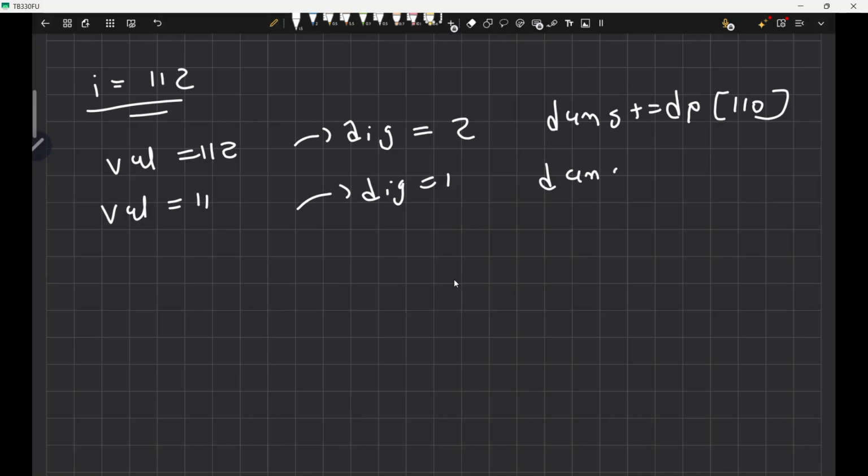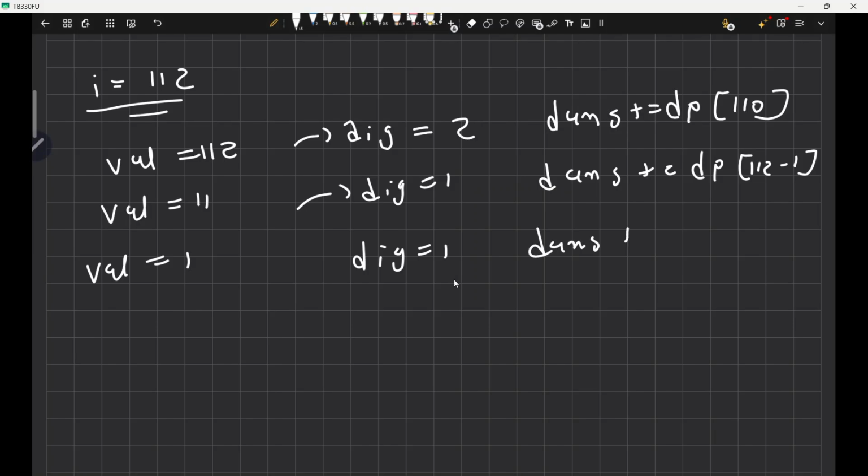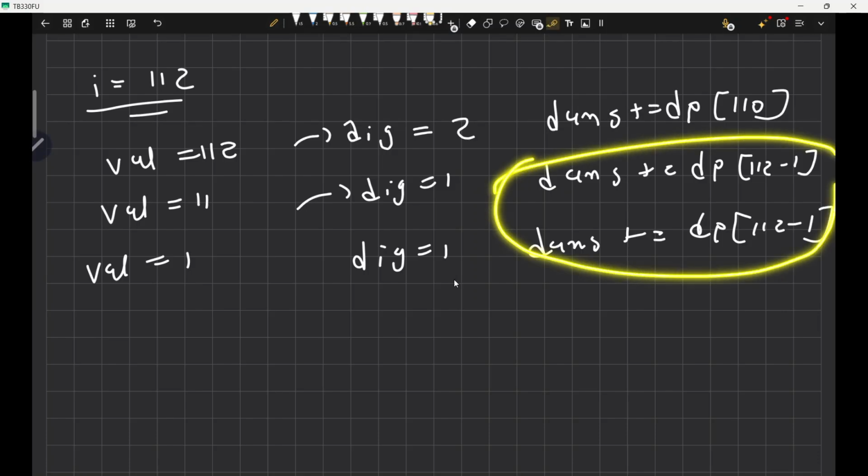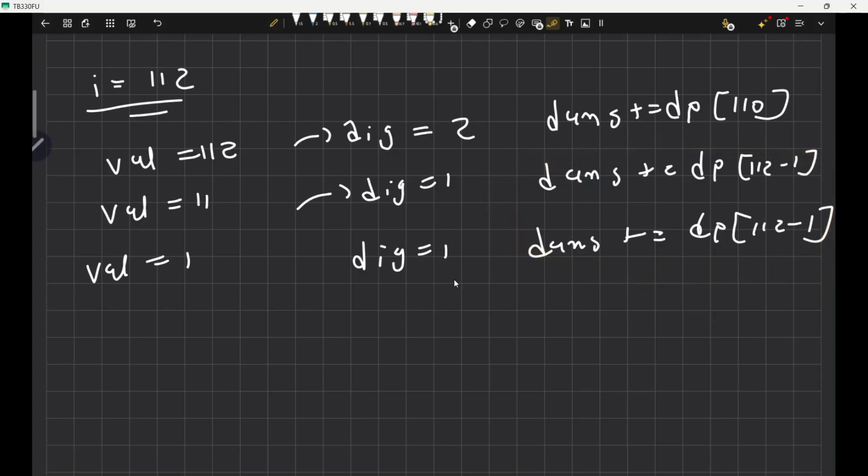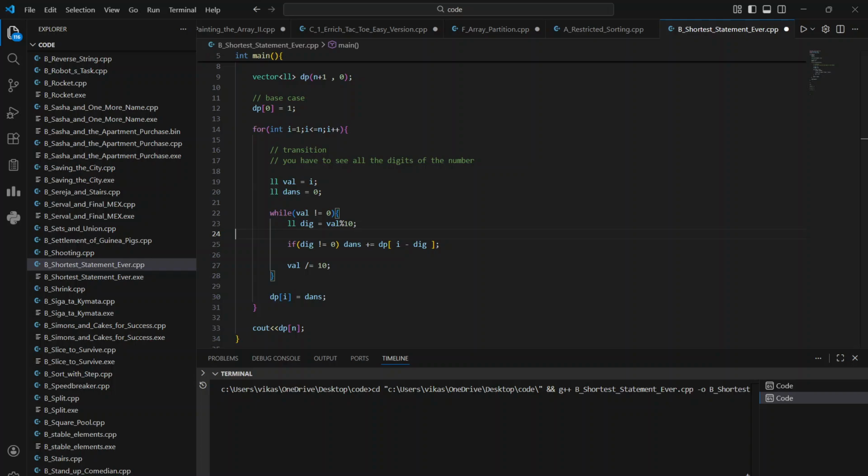I do dAnswer plus equal to dp of 112 minus 1, which is 111. Then my val becomes 1 only. Then again the digit is 1, and dAnswer plus equal to dp of 112 minus 1. So you can see that this is added two times for the same thing, but I only need to add dp of 111 one time. So yeah, this was the problem.